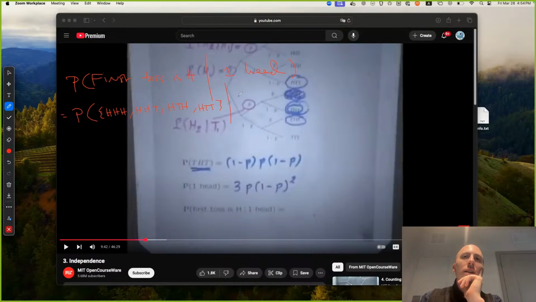Given you just had one head, the one-head event is: head, tail, tail; tail, head, tail; tail, tail, head.